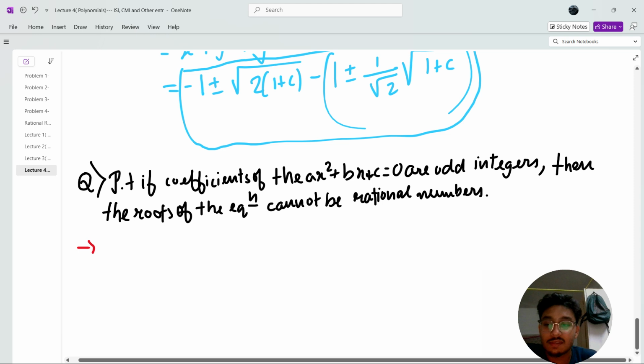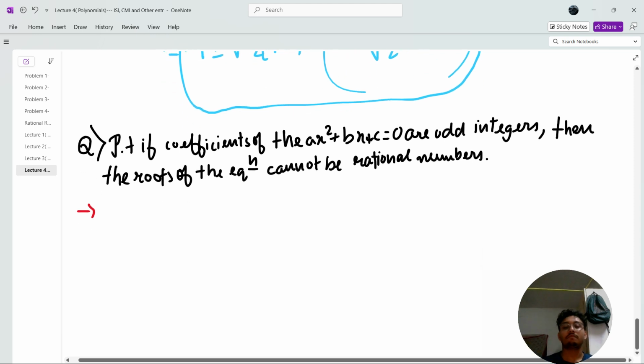Time to solve this. We will try to solve this by the method of contradiction. That is, we're given that the roots cannot be rational numbers, so we take the root to be a rational number.